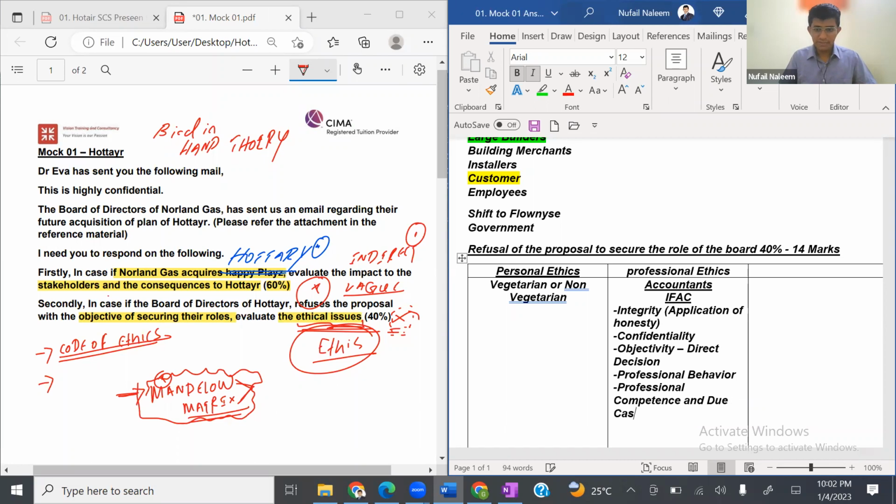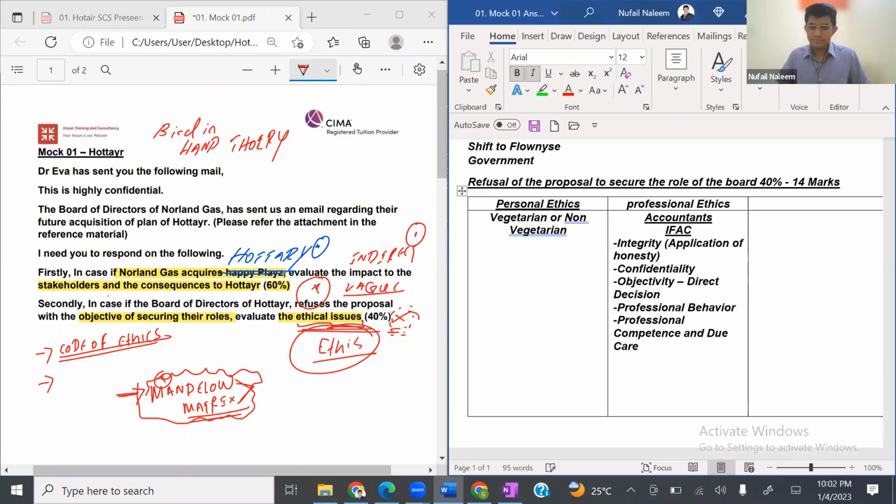This is extremely important for our sector, because with gas boilers and heat pumps, we need to be 100% professionally competent and have due care. Otherwise there is a high chance we will end up with legal litigations, injuries, and damage to people's properties, because it's sensitive.